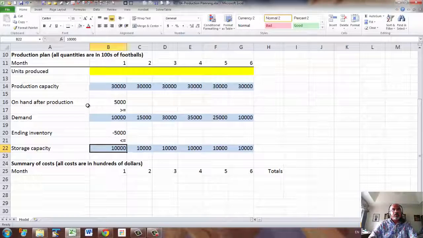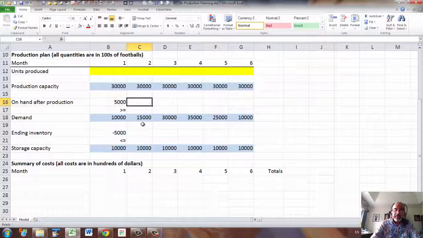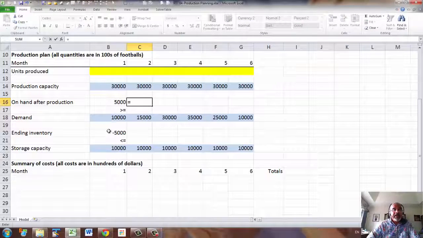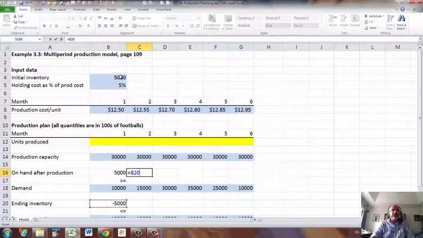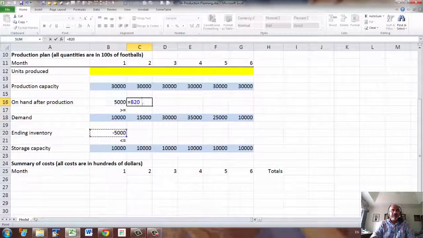Okay. Now on hand after production for month 2 is going to be slightly different. So it is the ending inventory of the previous month that is the beginning inventory, unlike the first one where the beginning inventory is the initial inventory given. But for the second month it is the ending inventory of the previous month plus production.